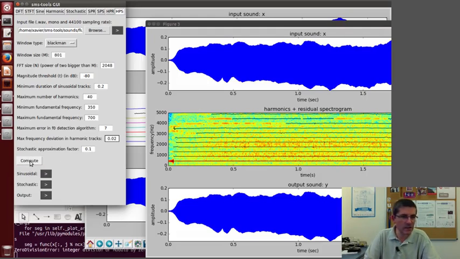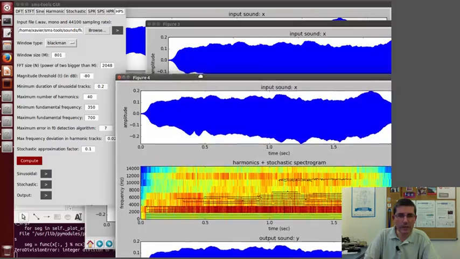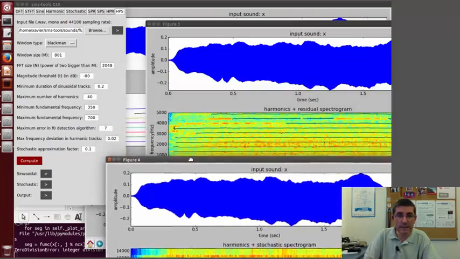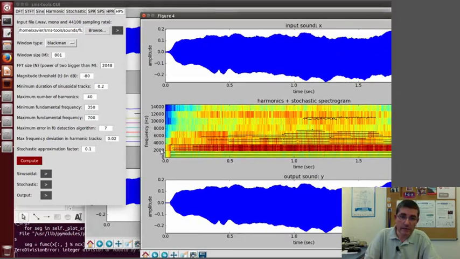So let's just try this. Okay, so clearly now we see it differently, because in this one we are showing the range from 0 to 14,000 hertz. So in fact, we're seeing quite a bit more, so we see more of the stochastic component.